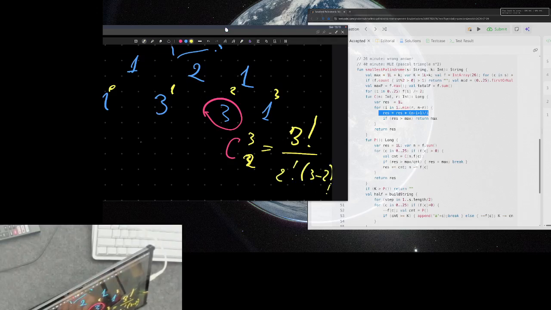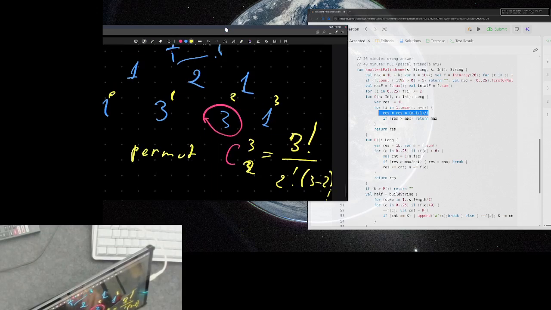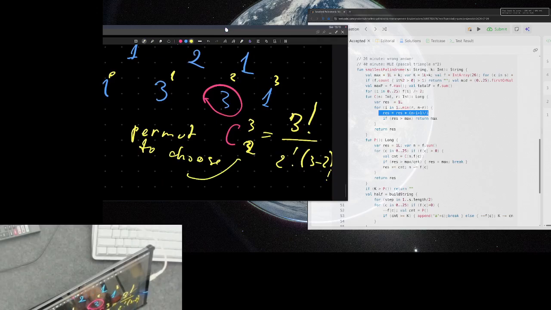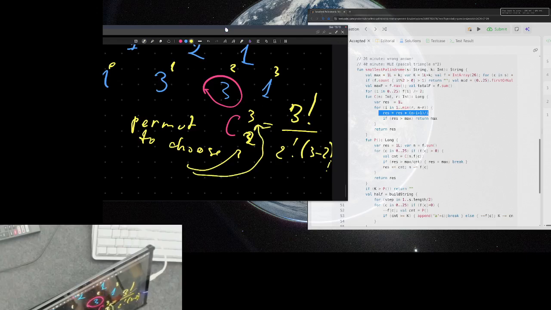This is a choice number of permutations to choose this column count from this total row count.